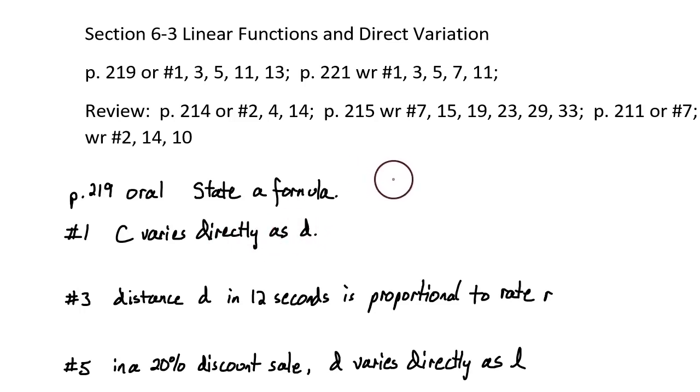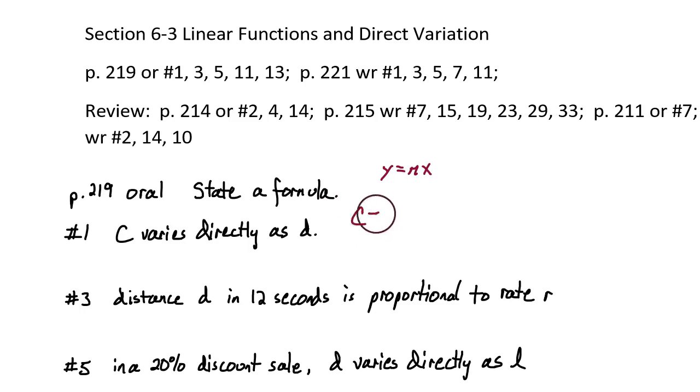In general, when you're told two variables vary directly, the formula connecting them is y equals m times x if the variables are y and x. Then the letter m represents the rate. We don't have y and x, we have c and d, but we're going to use the same pattern as this basic formula.